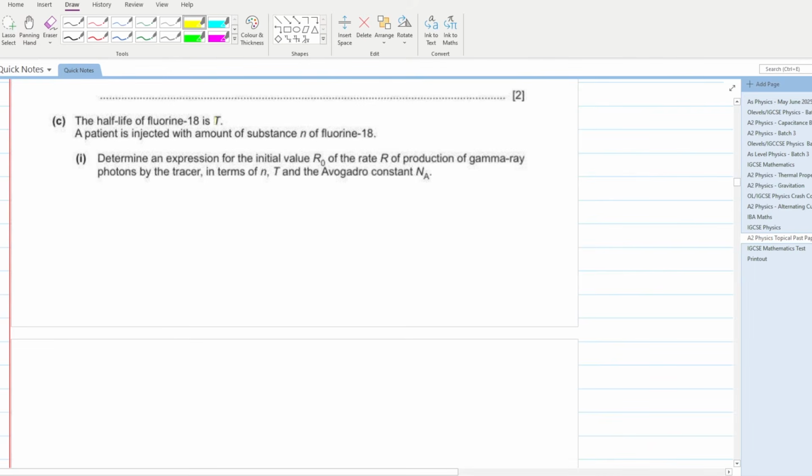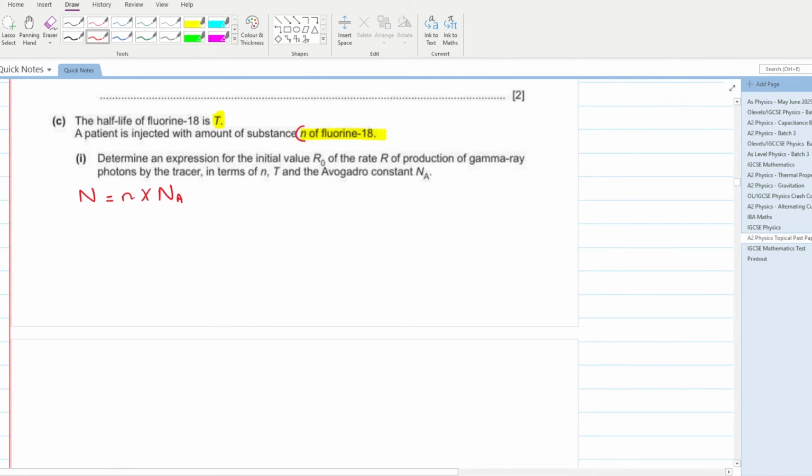The half-life of fluorine is capital T. Okay, a patient is injected with the amount of substance n of fluorine 18. So if the amount of substance is n, how many atoms or molecules will you have? N is equal to the mole multiplied by the Avogadro's number.